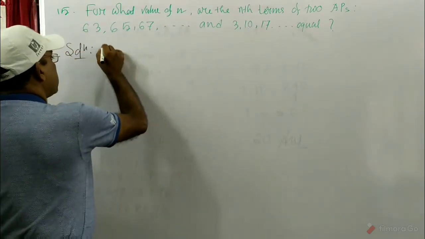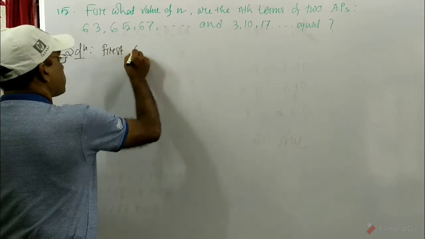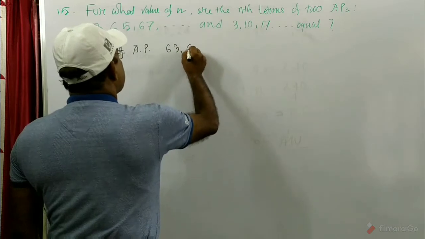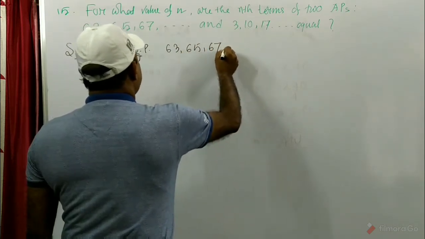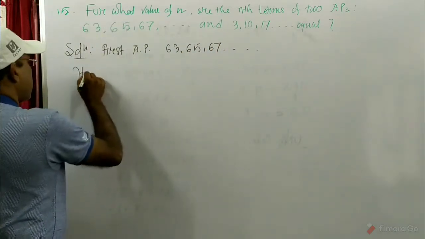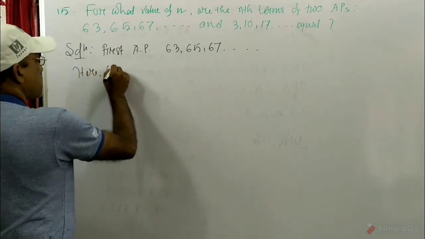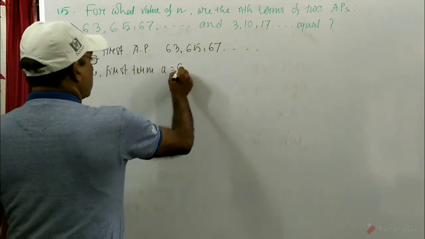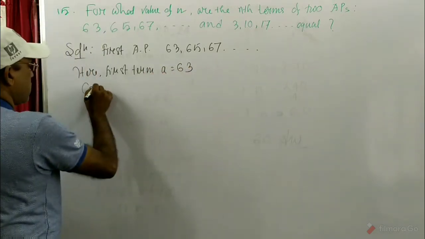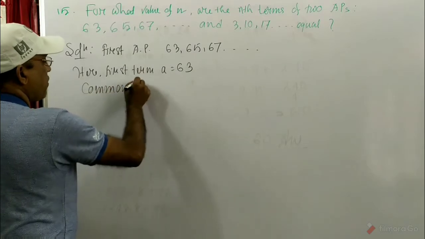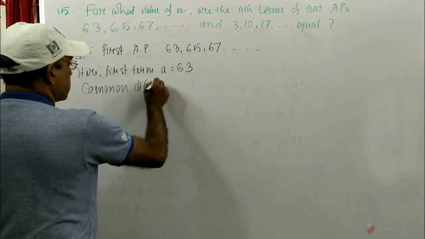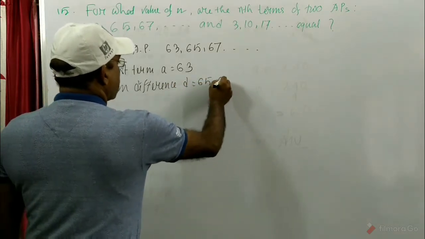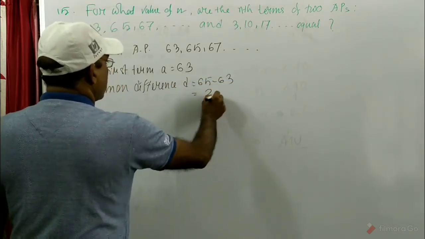First we consider the first AP: 63, 65, 67. Here the first term a equals 63. The common difference d equals 65 minus 63, which is 2.